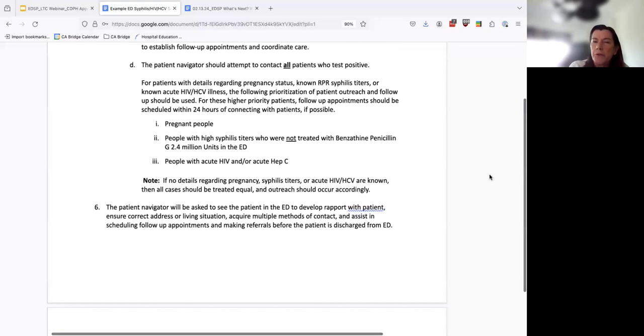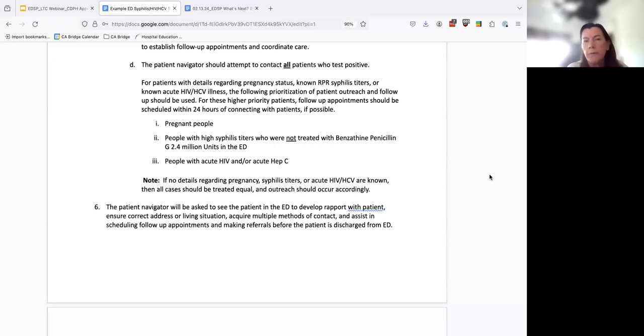But if there's a large number of patients and the navigator is concerned they're not going to get through all those patients, or if you know either the pregnancy status, the RPR titer, which a lot of times you're not going to know, or if you're aware that the patient has acute HIV or acute hepatitis C, those individuals should take priority in your list.